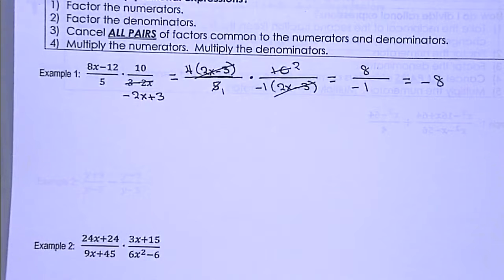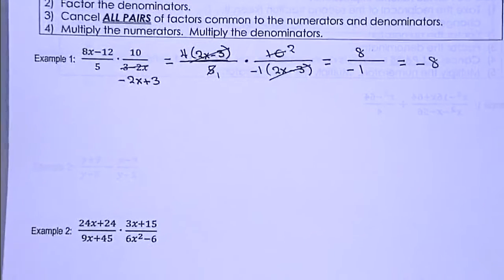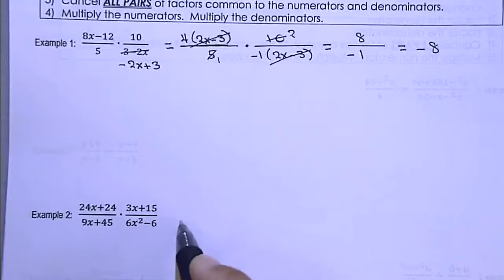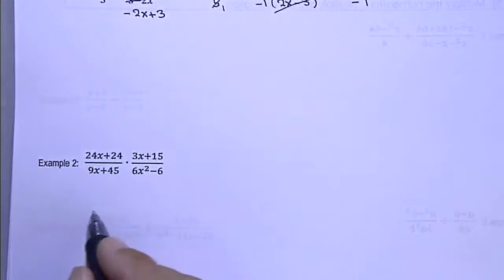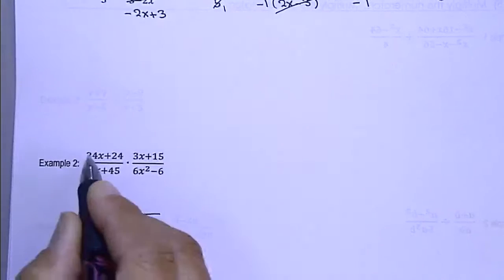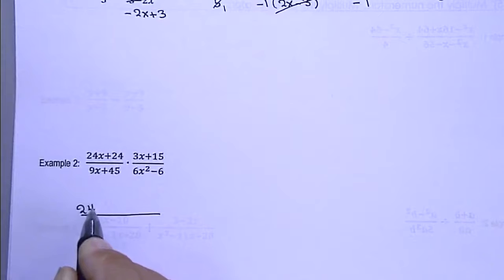All right, we've got more work to do, it looks like, with the second example. So first, let's see if we can start reducing or start factoring. I see a GCF of 24.